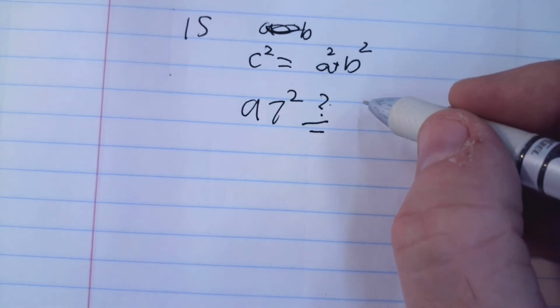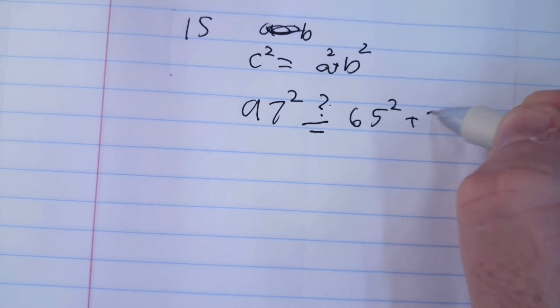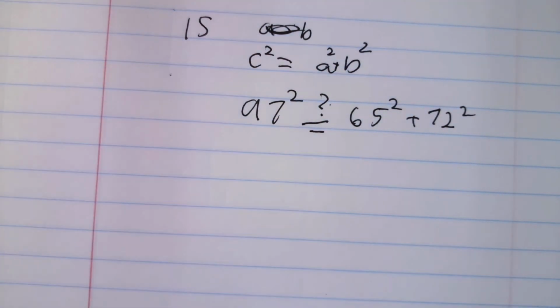And then we have 65 squared plus 72 squared. So we're going to see what this is. So 97 squared is not the same as 91 squared. Wow.